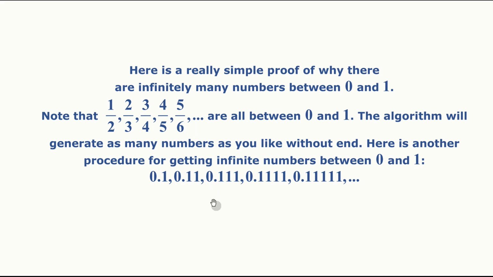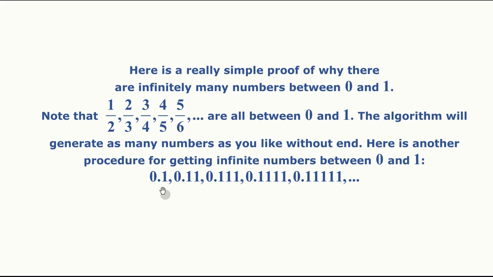Here's another way. How about we take the number 0.1 and then 0.11 and then 0.111 and then 0.1111, right? How many numbers like that are there? Well, there are infinitely many of those. And notice, you don't even have to go between 0 and 1 to get infinitely many points.